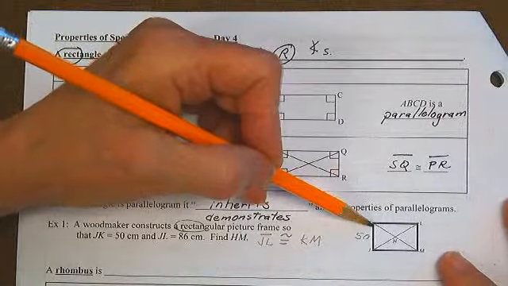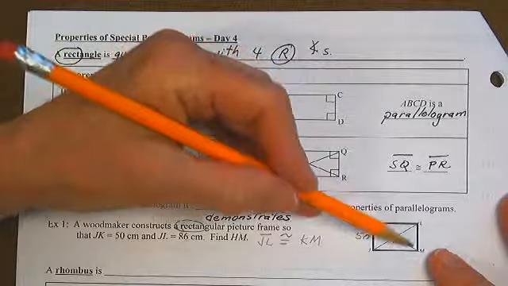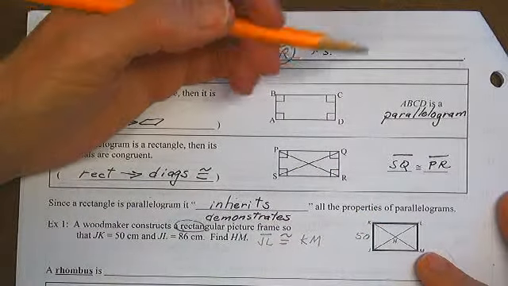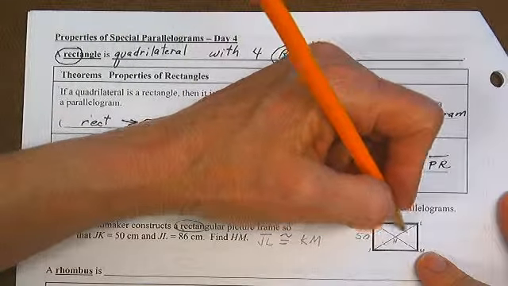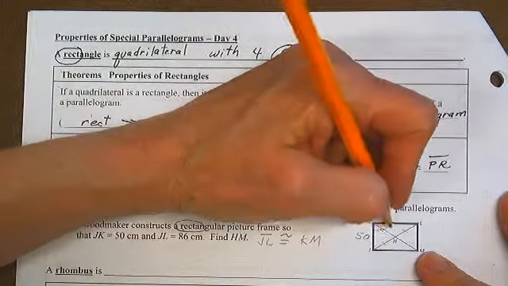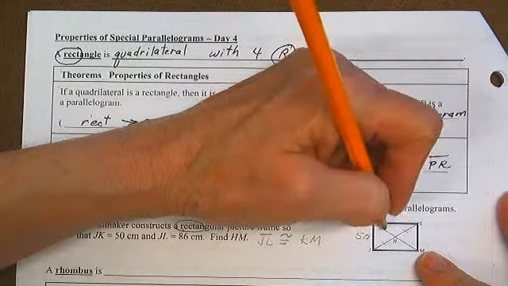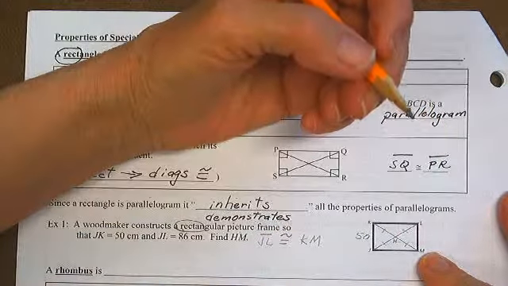If we have a parallelogram, the diagonals bisect each other, so JH is congruent to HL and KH is congruent to HM.